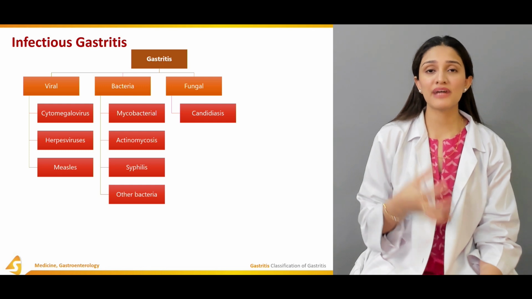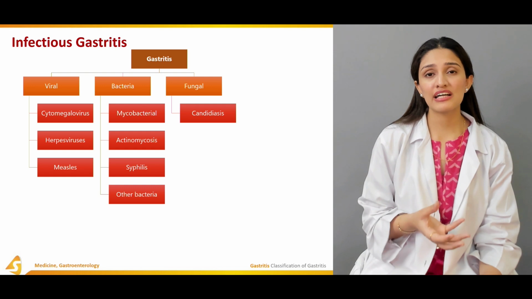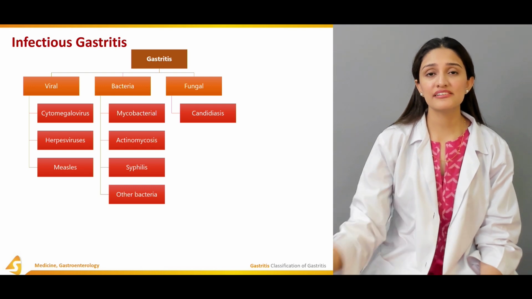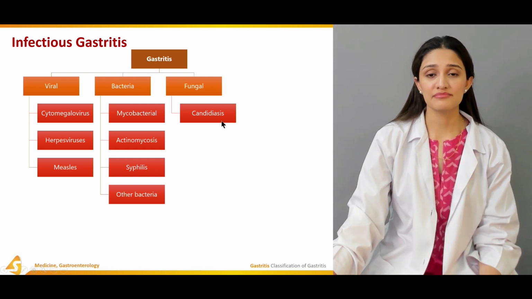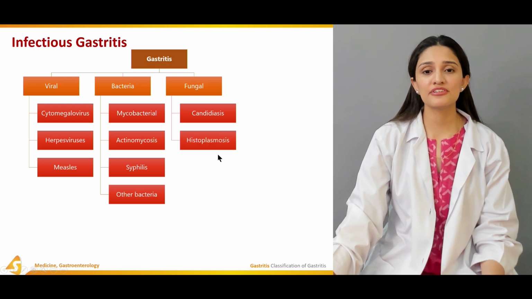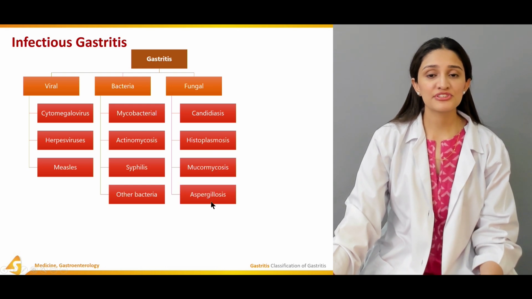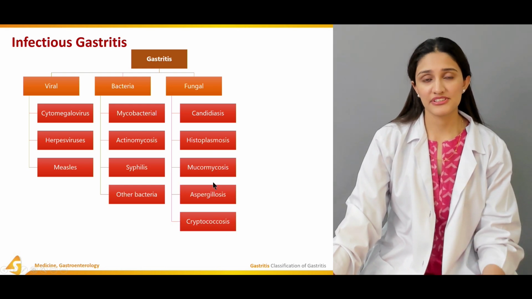And if you see more microscopically, we can see the yeast cells and the pseudohyphae within the epithelial cells of the stomach. Other fungal infections include histoplasmosis, mucormycosis, aspergillosis, and cryptococcosis.